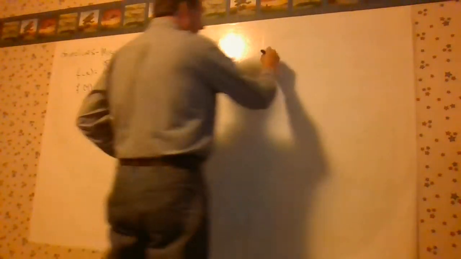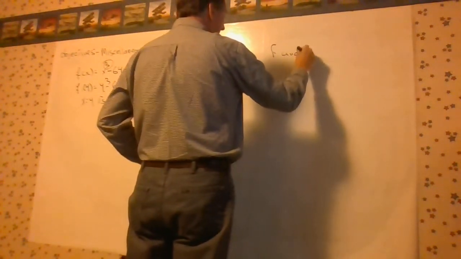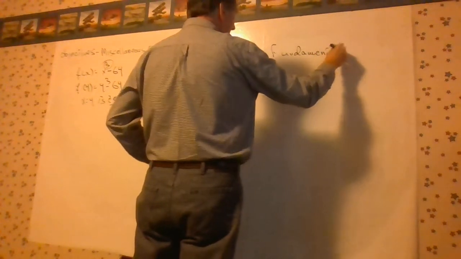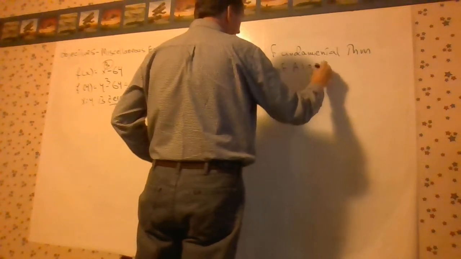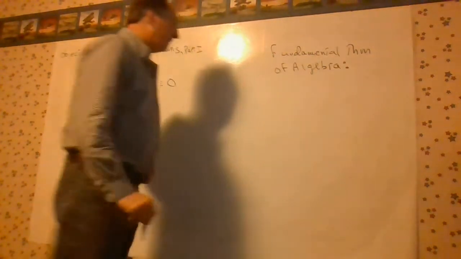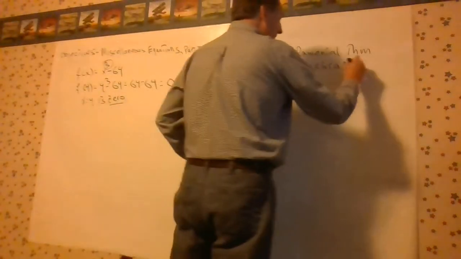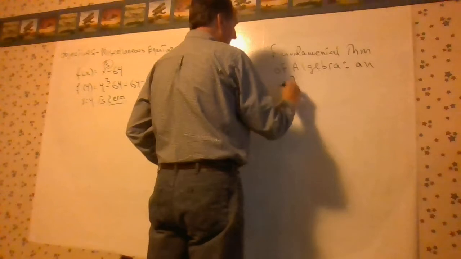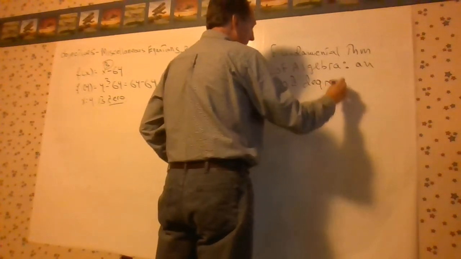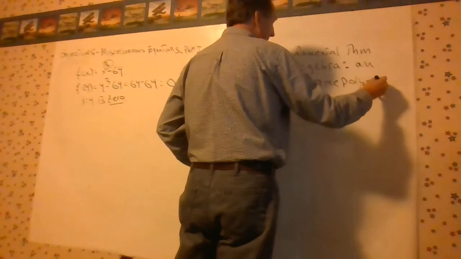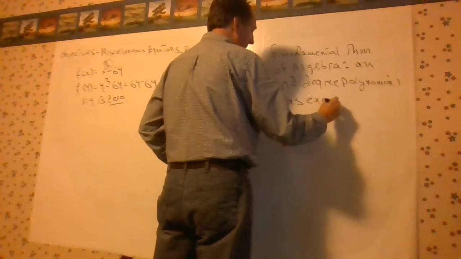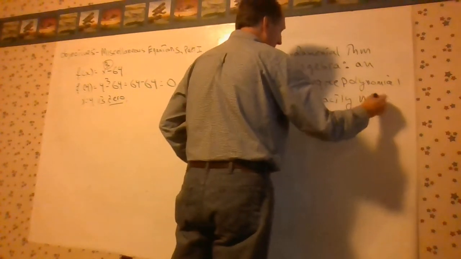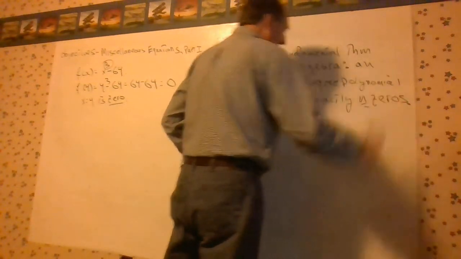Turns out this is a third degree equation. There is something called the fundamental theorem of algebra, and it says an nth degree polynomial has exactly n zeros.